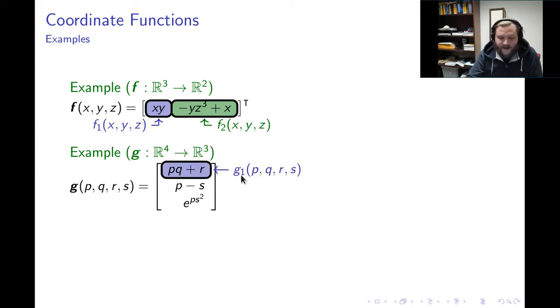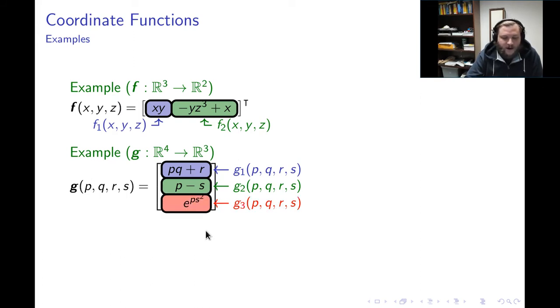I'm going to call that g sub 1. The second output is p minus s. I'm going to call that g sub 2. And the third output is e to the p times s squared. I'm going to call that g sub 3. So this function accepts 4 inputs, and then it will take those 4 inputs and produce 3 outputs, which I'm labeling as g sub 1, g sub 2, and g sub 3.